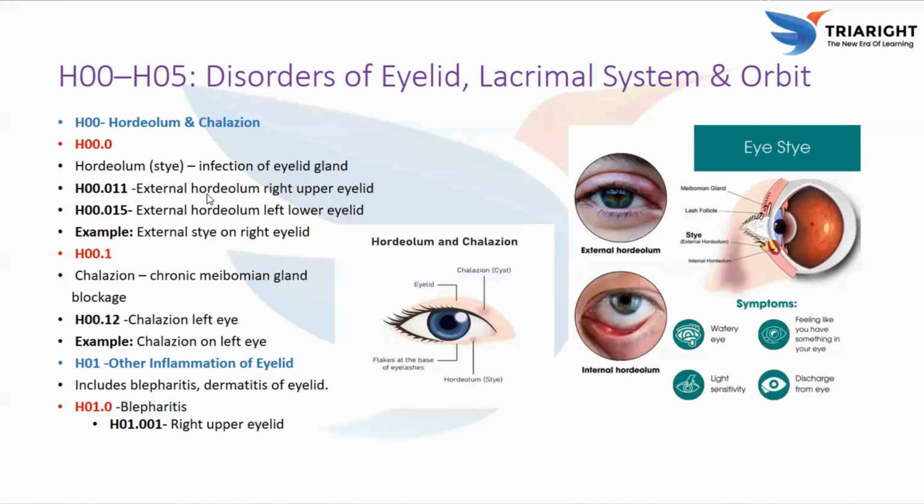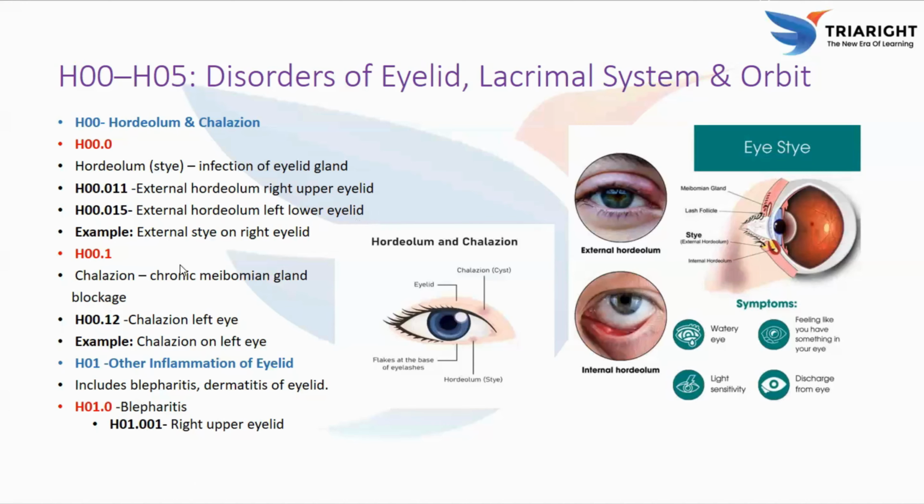H00.011 for external hordeolum right upper eyelid, whereas H00.015 is assigned for external hordeolum left lower eyelid. These codes show ICD-10 precision by including the type of hordeolum, whether it is external or internal, and the side, right and left, as well as the eyelid position, upper or lower.